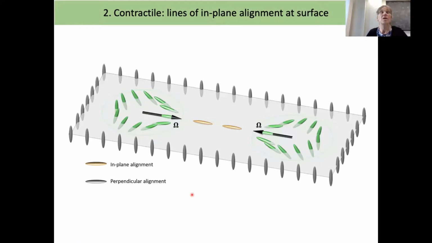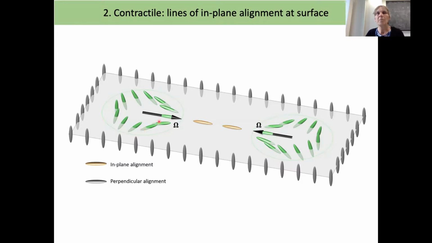Contractile systems, on the other hand, are a bit more tricky. Contractile systems like to have perpendicular alignment at the surface, but there are going to be places where the disclination lines cross the surface, and where they cross the surface, the closest you can get to perpendicular alignment is one of these twist defects.